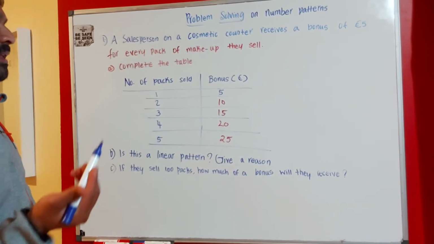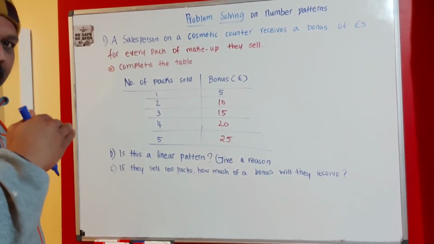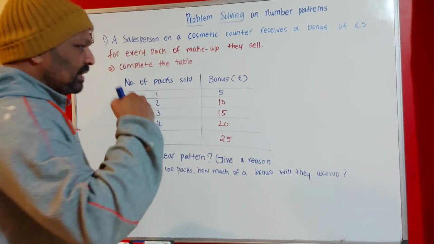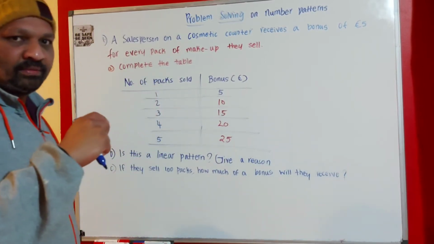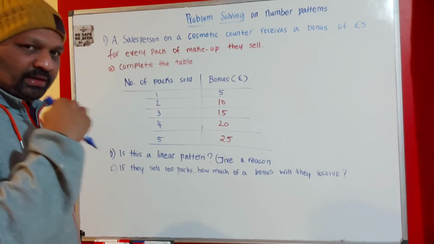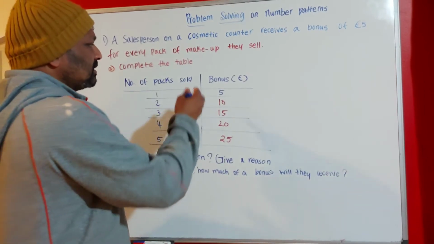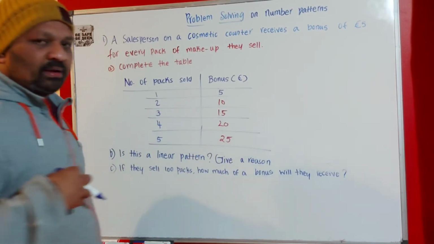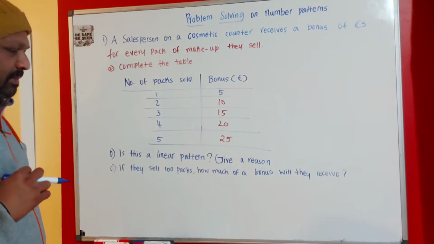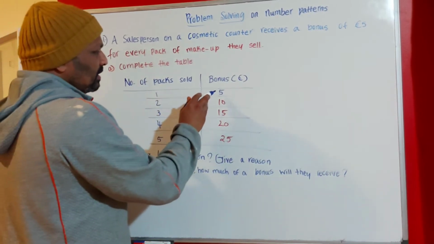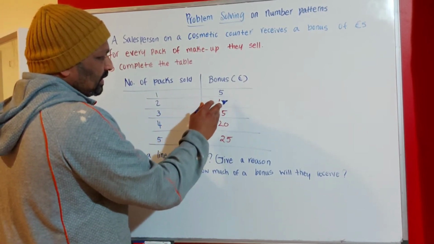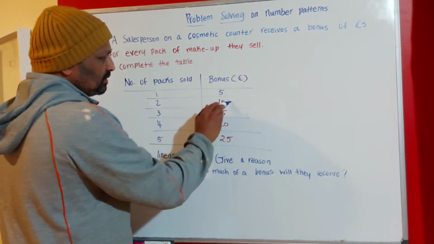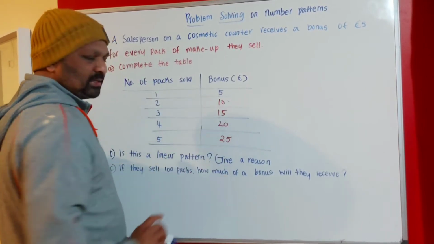For example, there are certain things where the initial itself has some offset value, some value at the beginning itself. Such patterns are not linear patterns. This is a linear pattern because the common difference is the same throughout the series.